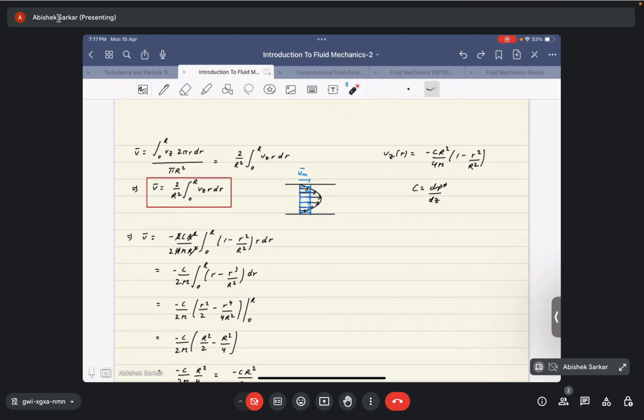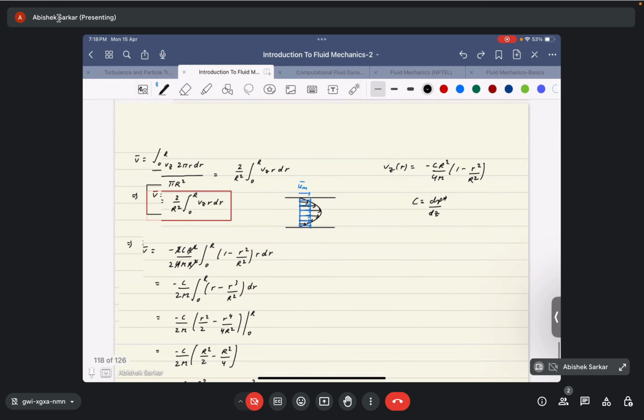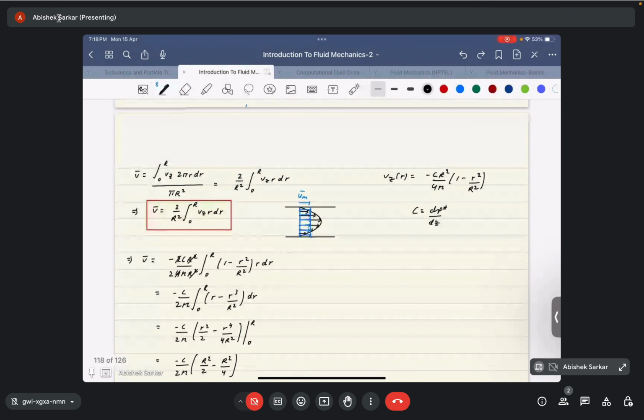So what I'm basically trying to say is, let me just write it here. Say the volume flow rate through the pipe in the ideal case would be given by the integral from 0 to R of vz of r into 2 pi r dr. This is the volume flow rate.